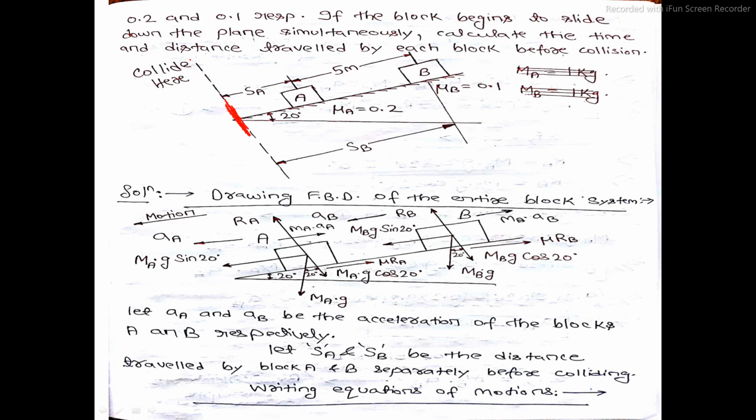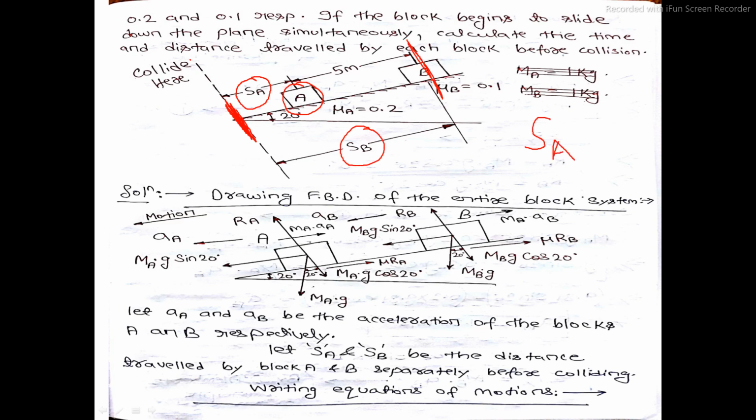Before collision, the distance travelled by block A from its initial position to the colliding position is SA, and the distance travelled by block B from its initial position to the colliding position is SB.